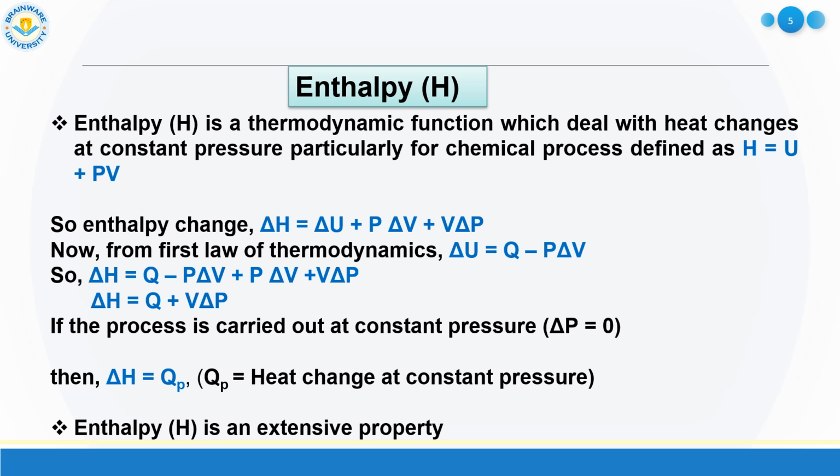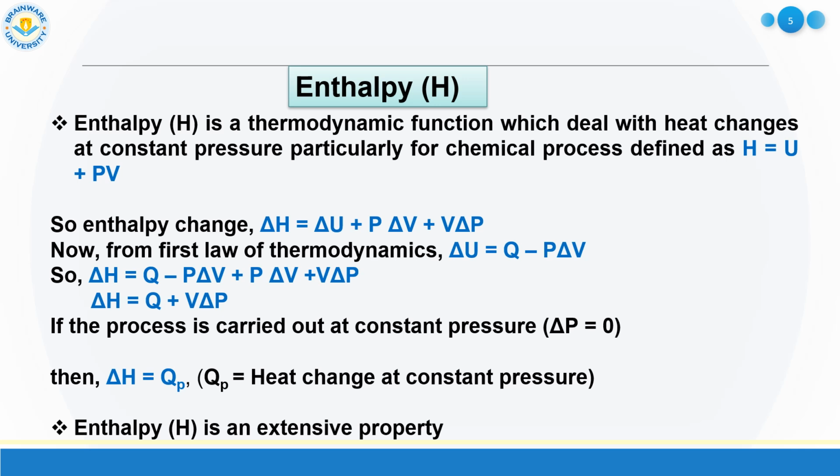Now the enthalpy. Enthalpy is one of the most important thermodynamic functions, and it is basically defined as U plus PV. It is a thermodynamic function which deals with heat changes at constant pressure, particularly for chemical processes.